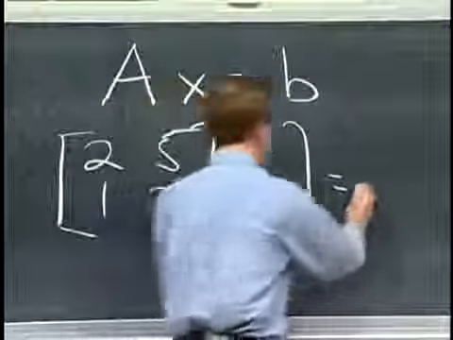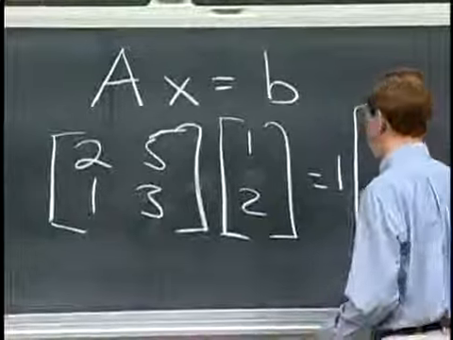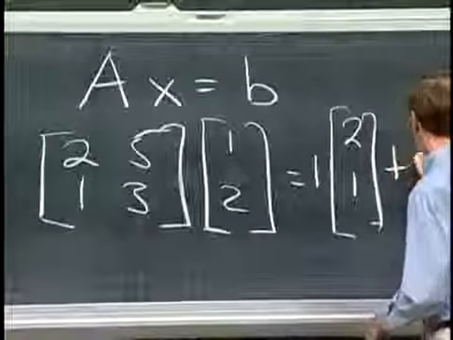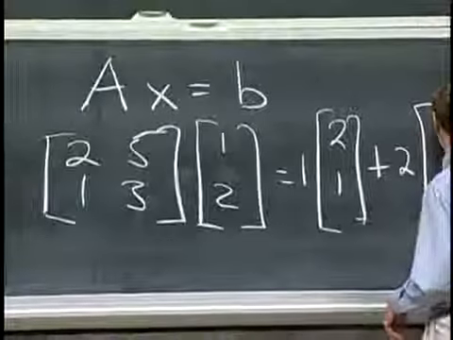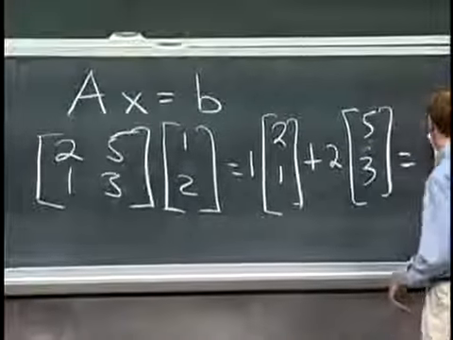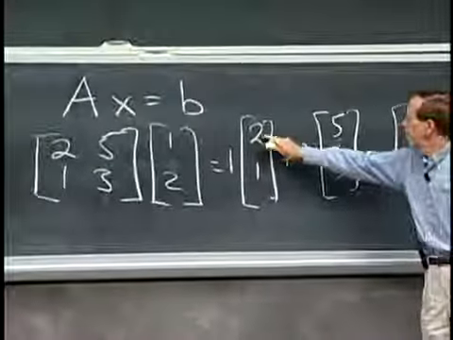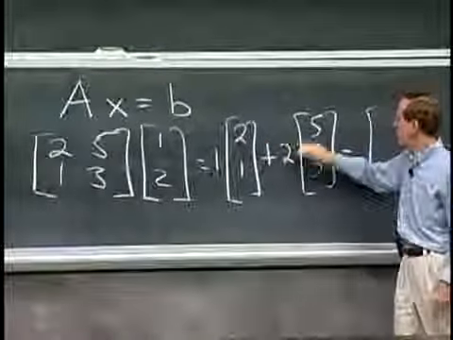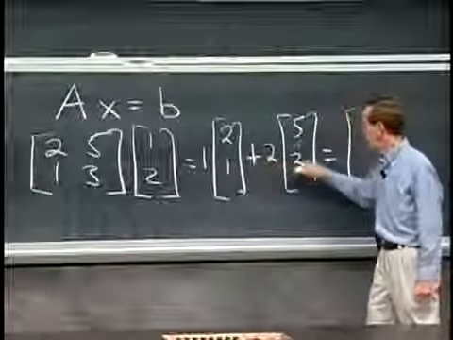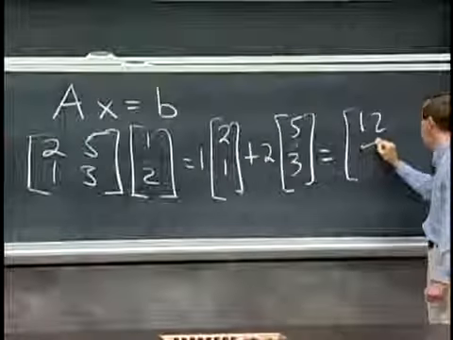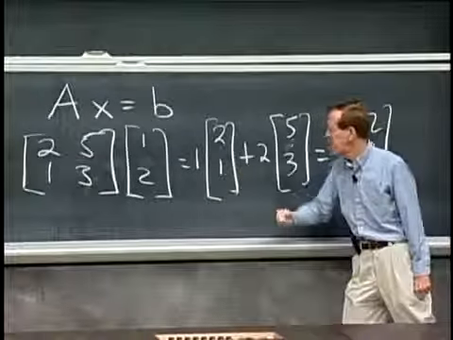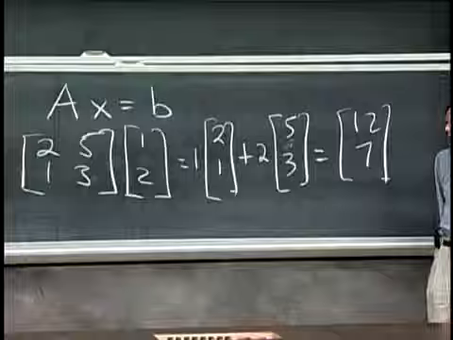So the way I would think of it is 1 of the first column and 2 of the second column, and let's just see what we get. So in the first component, I'm getting a 2 and a 10. I'm getting a 12 there. In the second component, I'm getting a 1 and a 6. I'm getting a 7. So that matrix times that vector is 12, 7.